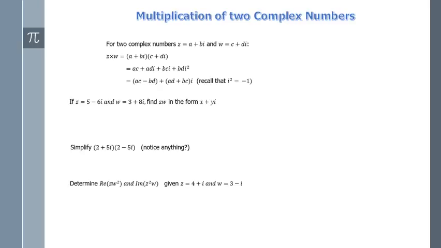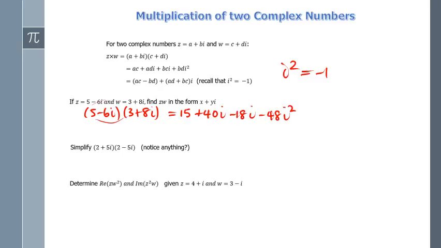When we multiply two complex numbers, we just use FOIL as we would with algebra. However, when we multiply two i values together, we know that we're going to get i squared, which gives us negative 1. So here, if I multiply these two together, 5 minus 6i, 3 plus 8i, using FOIL, 5 times 3 is 15, I'm going to get plus 40i, I'm going to get minus 18i, and then I'll have minus 6 times 8, which is minus 48i squared.